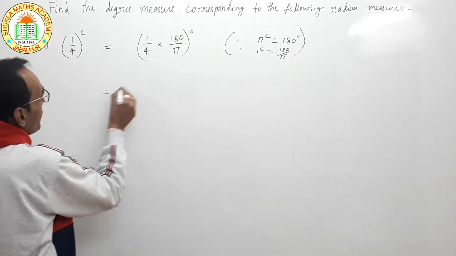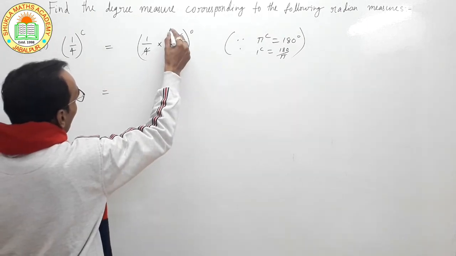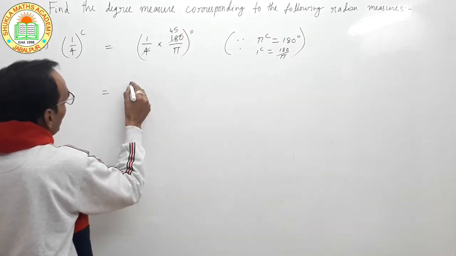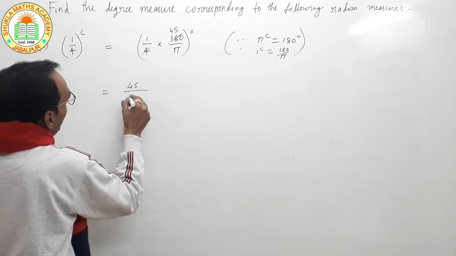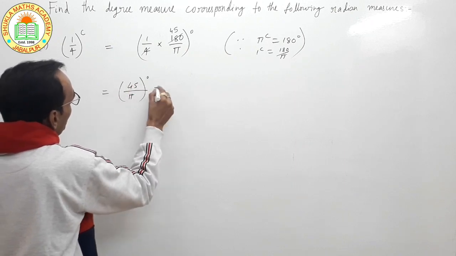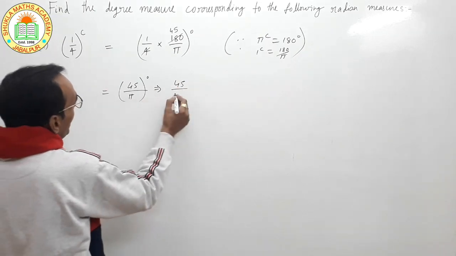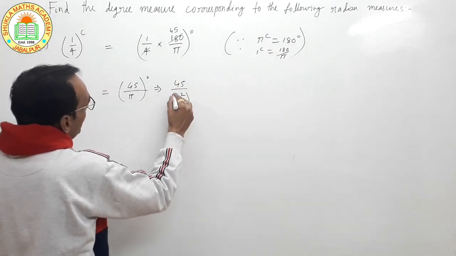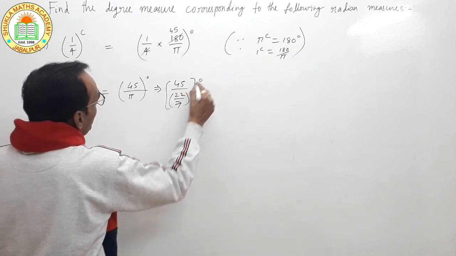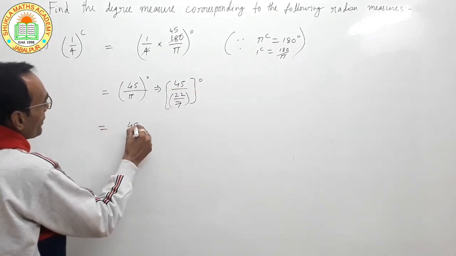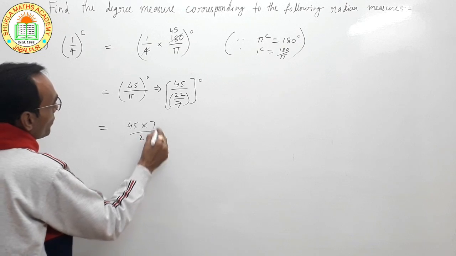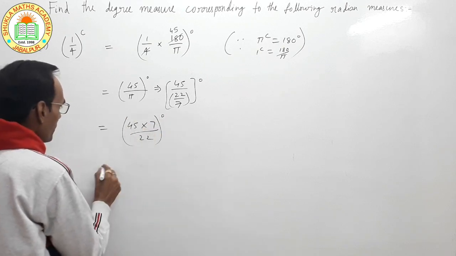And after that, cross it: 4 ones are 4, 4 fours are 16, 4 fives are 20. So 45 by pi degree, and putting the value of pi as 22 by 7, the whole value simplified is 45 into 7 by 22 in degree.